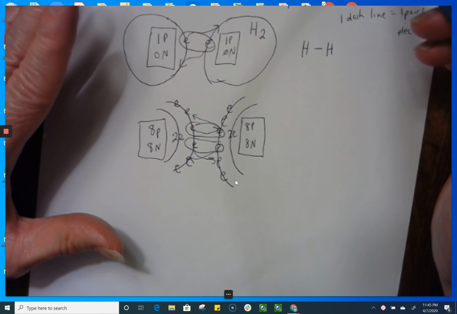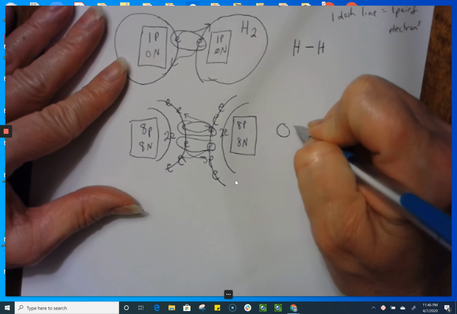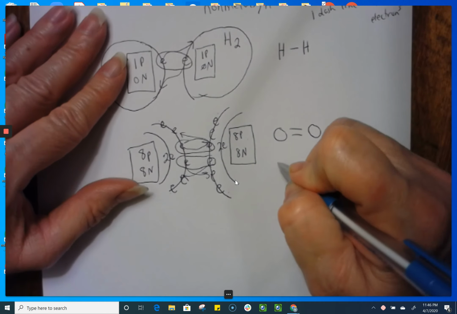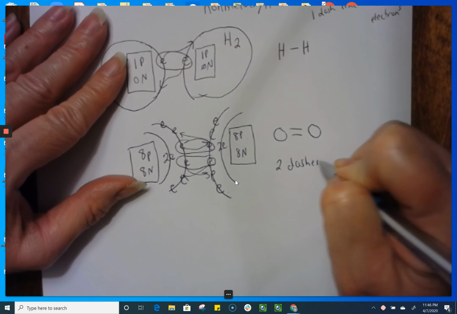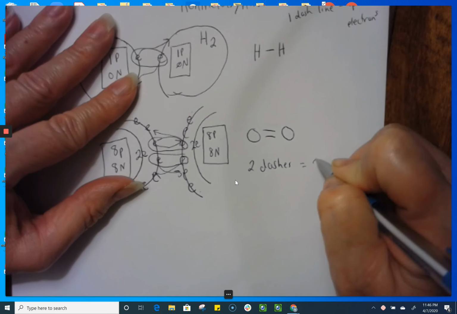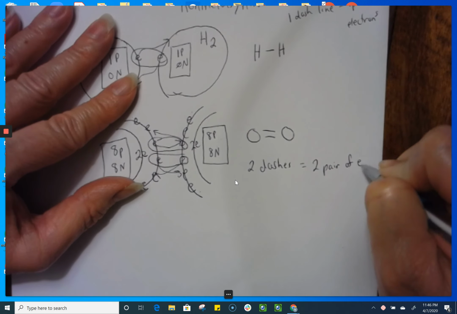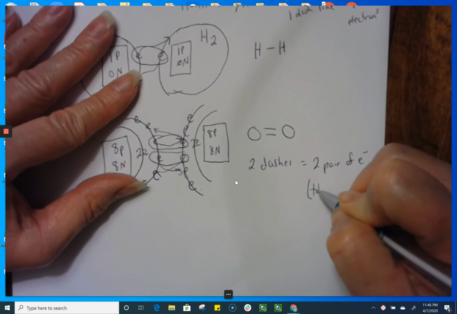That stabilizes them. And so you would represent oxygen with 2 dashed lines, because 2 dashes equals 2 pairs of electrons being shared, which is a total of 4 electrons.